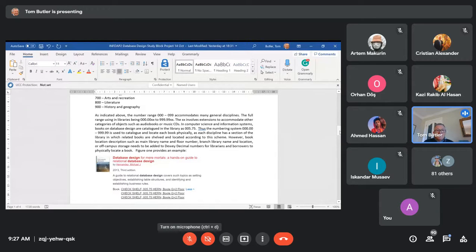But there'll be many books in there, so we need to list them out alphabetically. So the approach taken in libraries is to take the first 4 characters of the author's surname, which in this case is Hernandez. Can you see that?